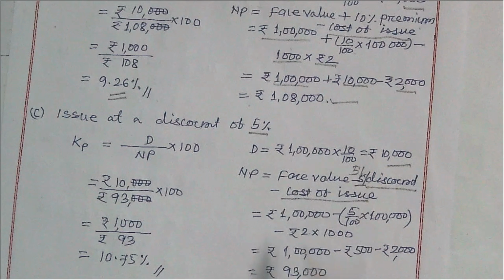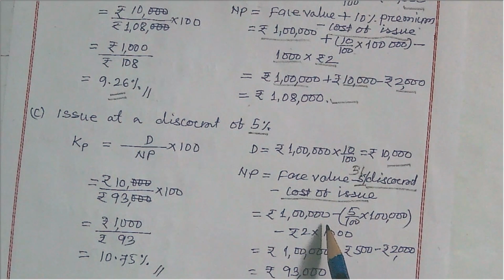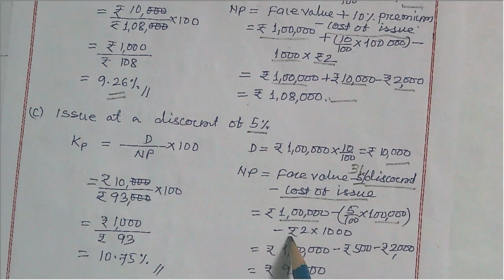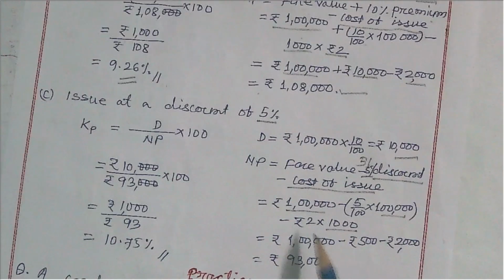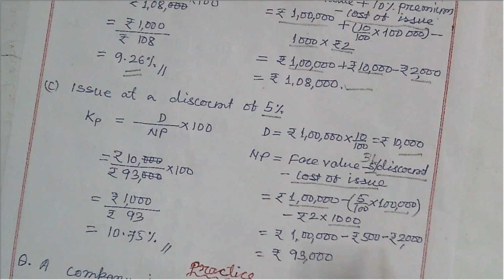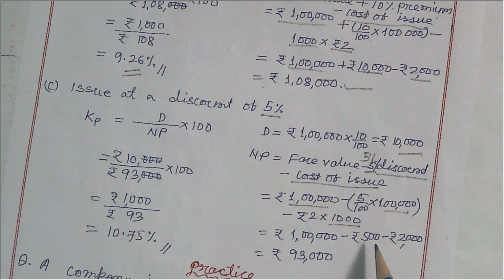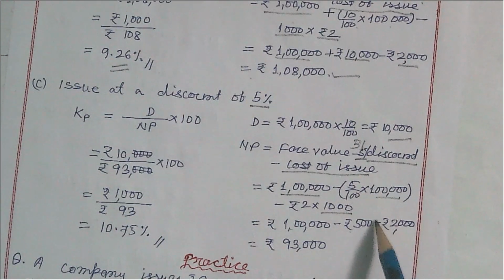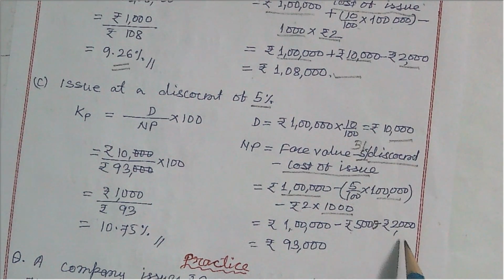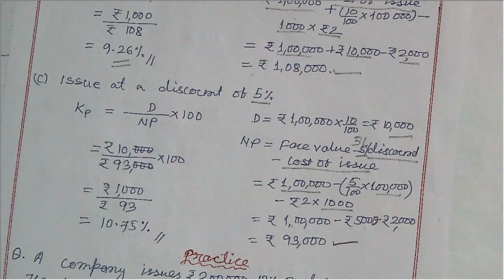So 1000 shares of rupees 100 each is 1 lakh, and 5% of rupees 1 lakh is 5000, minus expenses of rupees 2 per share on 1000 shares, 2000. So 1 lakh minus 5000 minus 2000 is 93,000.